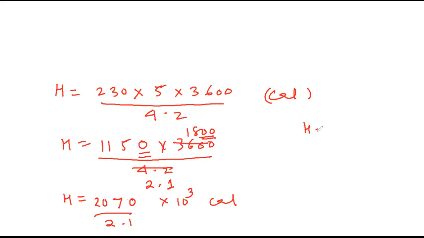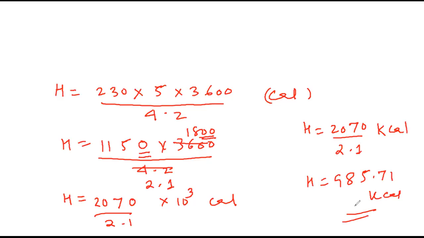Or you can write H equals 2070 upon 2.1 kilocalorie. 2070 upon 2.1, I am checking by calculator. 2070 divided by 2.1 is 985.71 kilocalorie. Copy this.